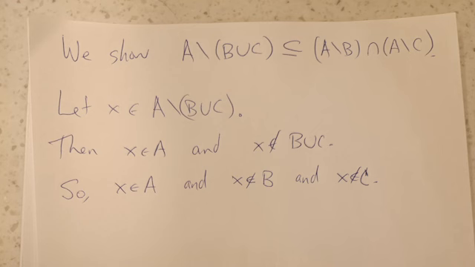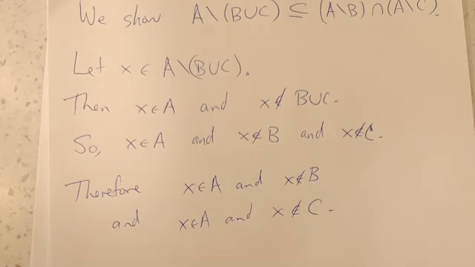But now we can interpret this further and get that X is in A and X is not in B, and X is in A and X is not in C. Now you might be wondering, how did I know to do that?